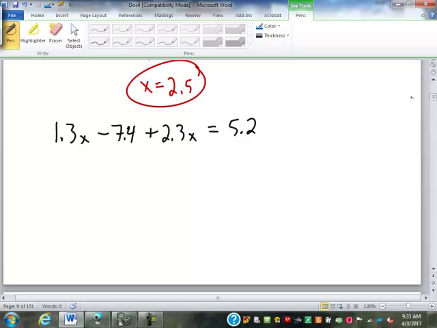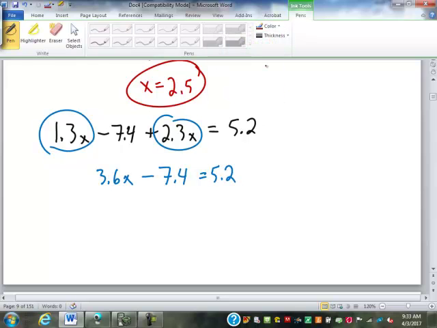Where do I start here? Combining the x's. 1.3 and 2.3 make 3.6x. I still have the minus 7.4, and it equals 5.2.